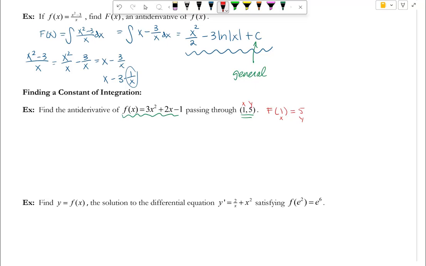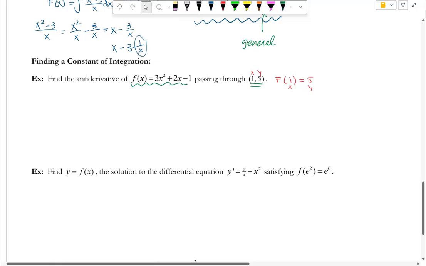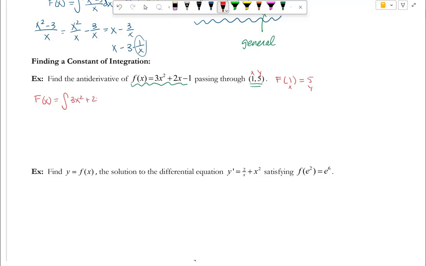All right, so when we find the antiderivative passing through this point, what we're going to find is a specific or a particular antiderivative, because we said there are infinitely many antiderivatives of lowercase f of x. So let's start by finding the general antiderivative. So capital F of x is going to equal the indefinite integral, or the antiderivative, of 3x squared plus 2x minus 1.